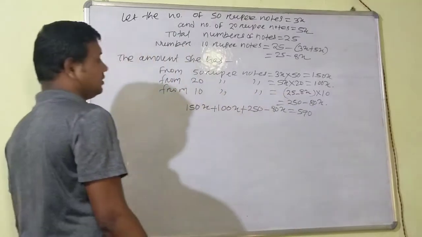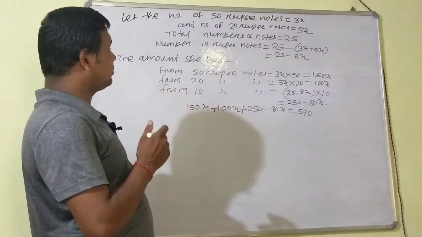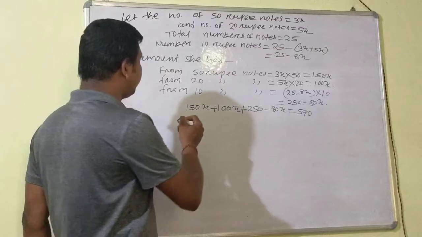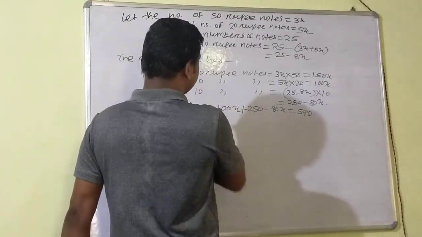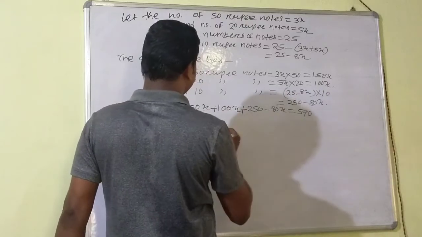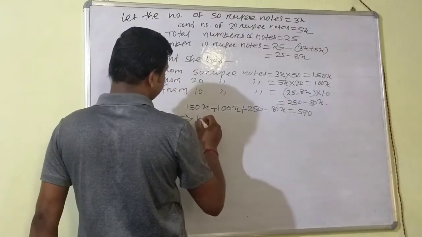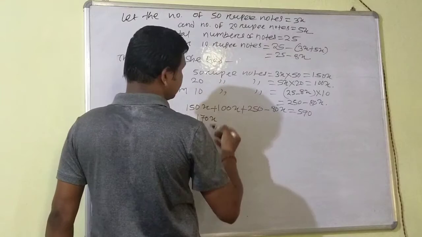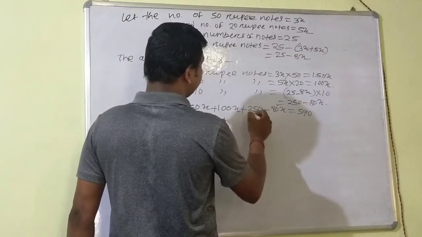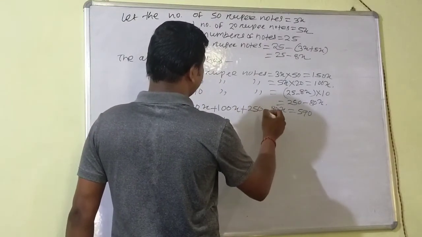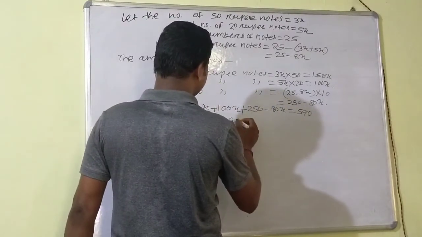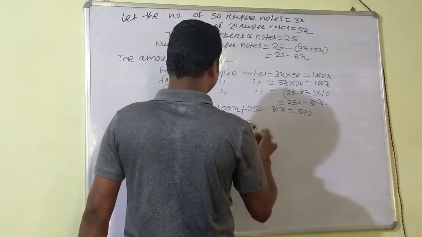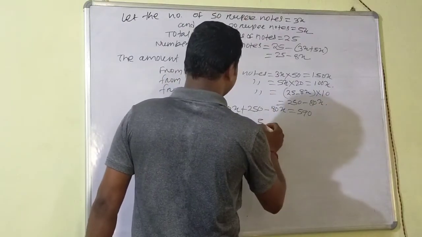Now we will solve this to find the value of the variable x. 150x plus 100x is 250x, minus 80x, that is 170x plus 250 equal to 590.